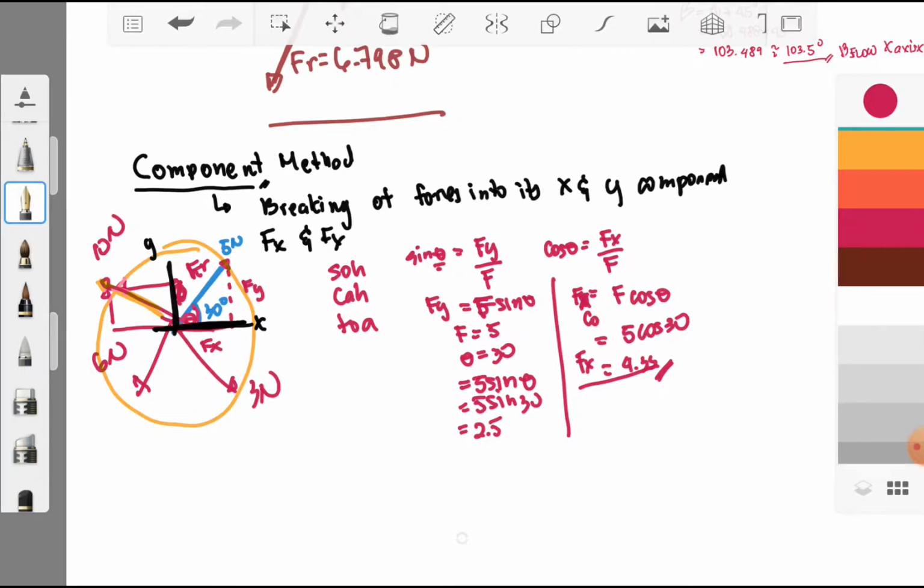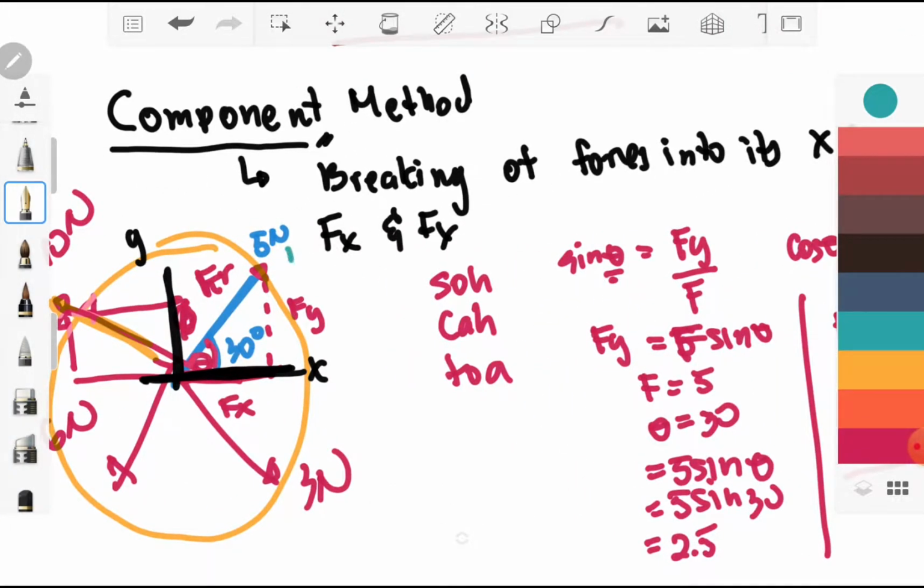So another thing to remember in your component method is that if the arrow is going up at your first quadrant, it is projected that your fx is positive and your fy is positive.